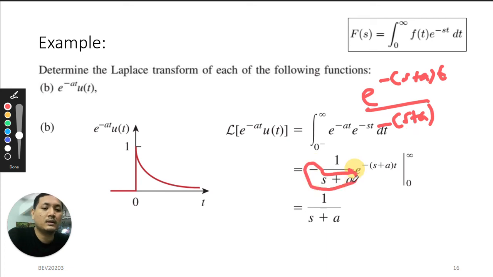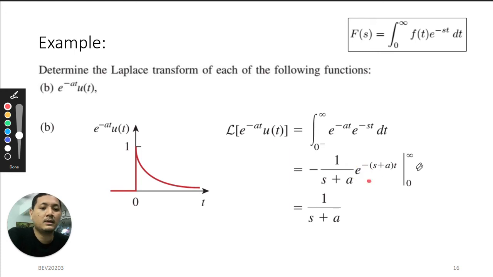We integrate and get this, and then replace t with infinity, which gives 0, and replace t with 0, which gives 1. Remember, replacing t with infinity gives 0. So 0 minus this, which is negative 1 over s plus a, so we get positive 1 over s plus a. Finally, we get 1 over s plus a.